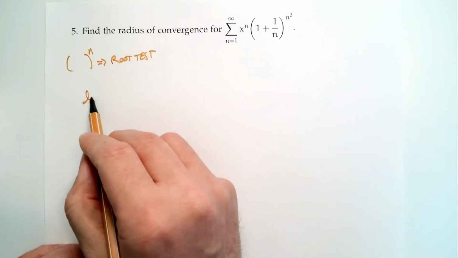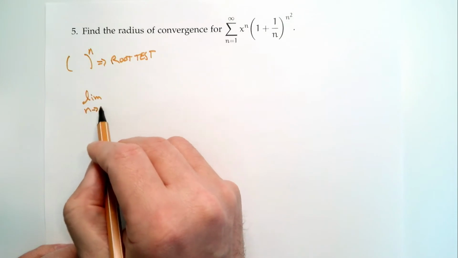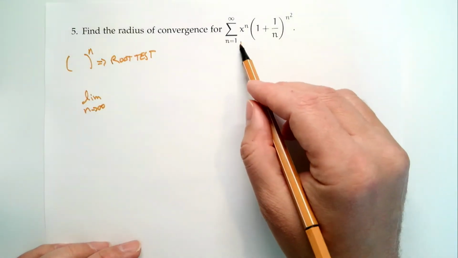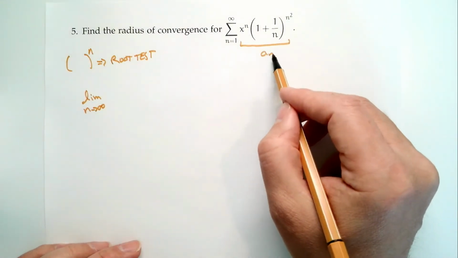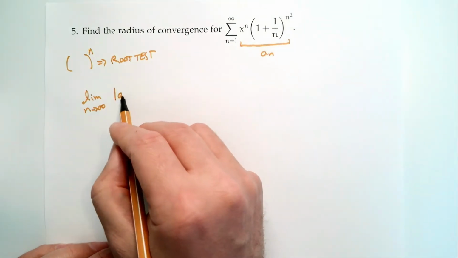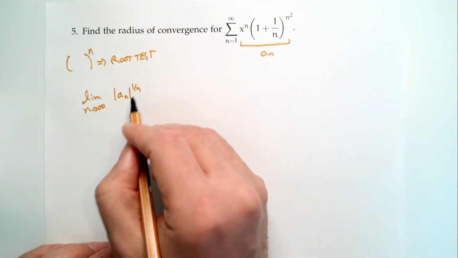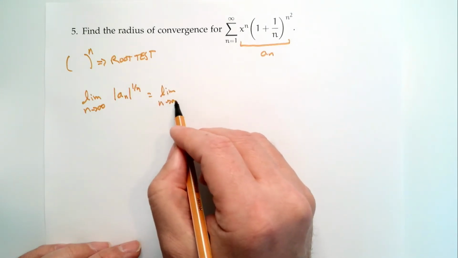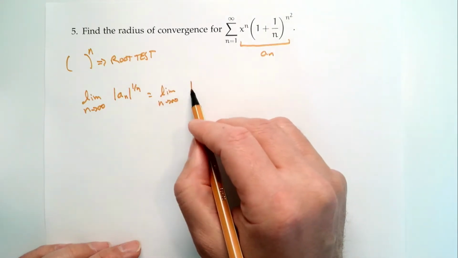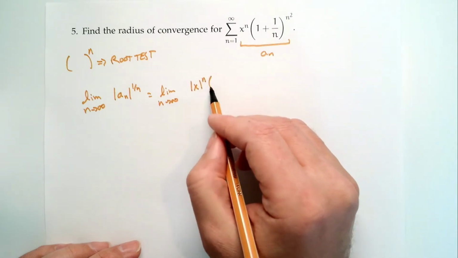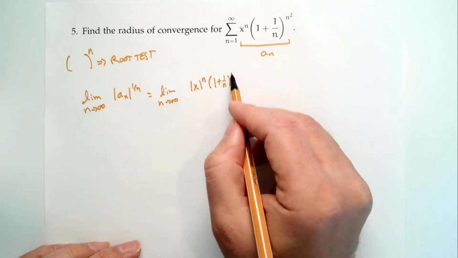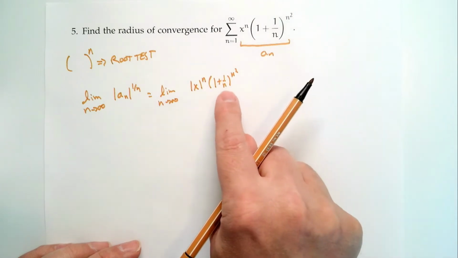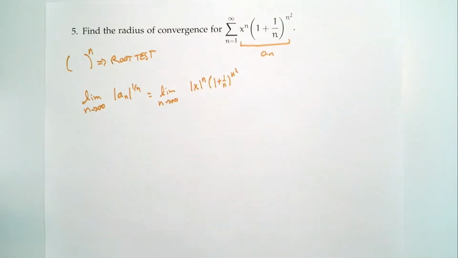So we're going to take a look at the limit as n goes to infinity. We're going to think of this whole thing here as our a sub n. So absolute value of a_n to the 1 over n. Let's just carefully unwrap this. We have absolute value of x to the n times 1 plus 1 over n to the n squared. I don't need absolute value on this part because that part's never negative.